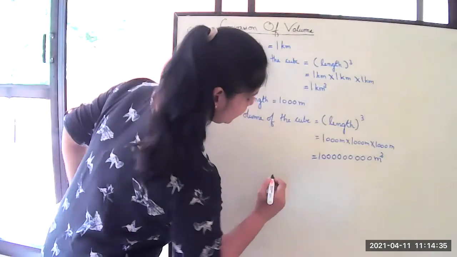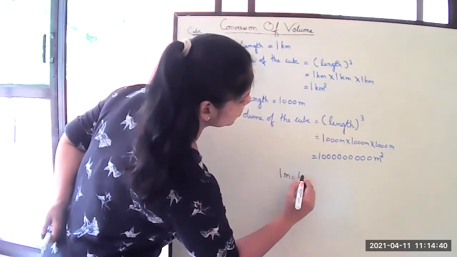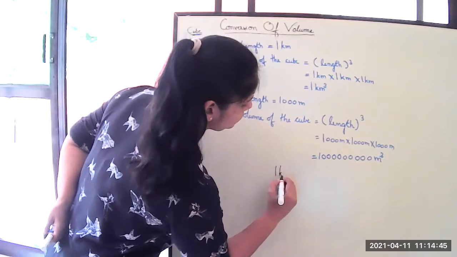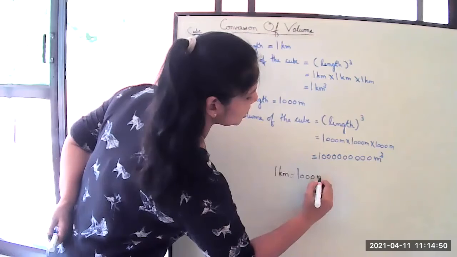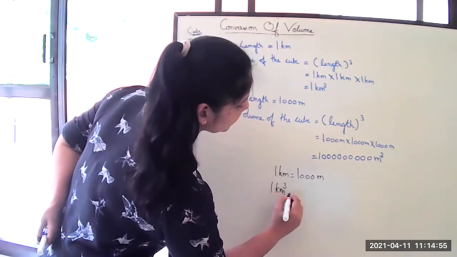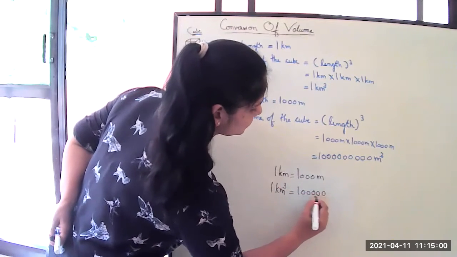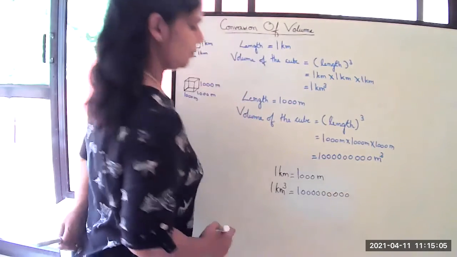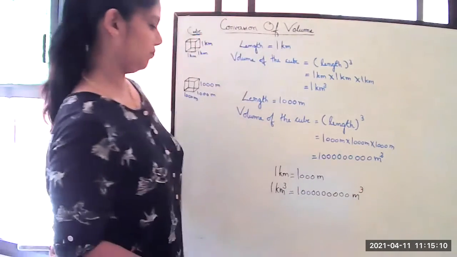So 1 kilometer is equal to 1000 meters, and 1 kilometer cube is equal to 1 and 9 zeros, and the unit is meter cube.